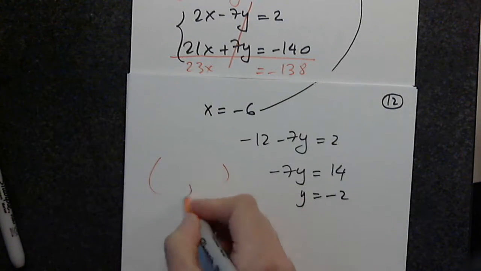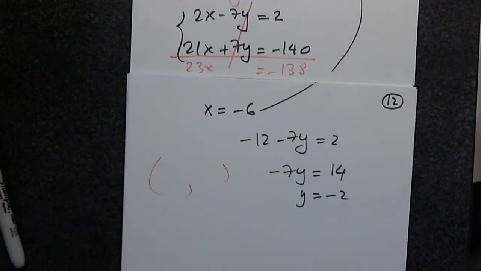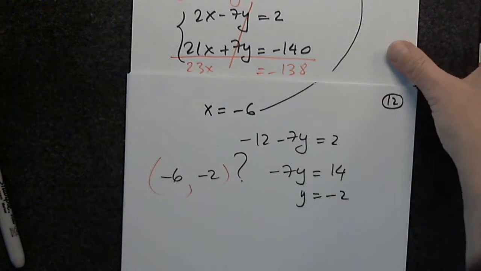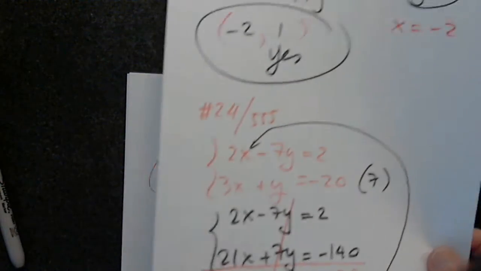No, I don't, not yet. I have to go back and check in the original problem. So what is this point then that I will go back and check? It appears to be -6 comma -2, but I have no clue. Maybe, maybe not. So let's go back to the original problem with -6 comma -2.